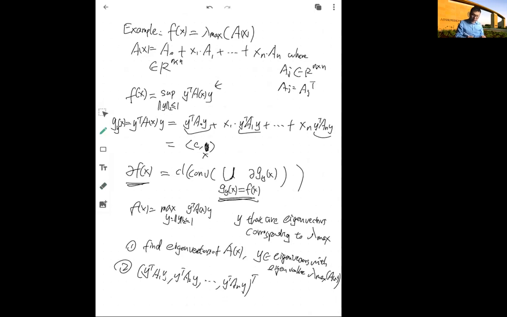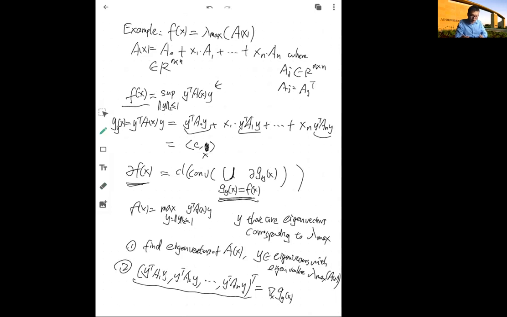Why is that? Because this is the gradient of g_y(x) at location x. That gives us a valid subgradient of this complicated-looking function f(x) at any given location x.